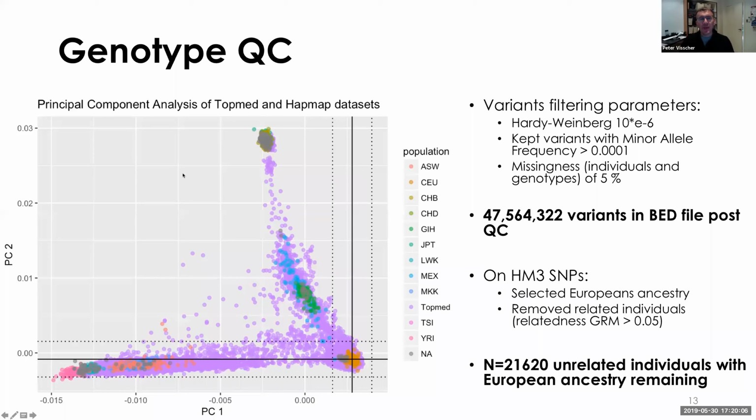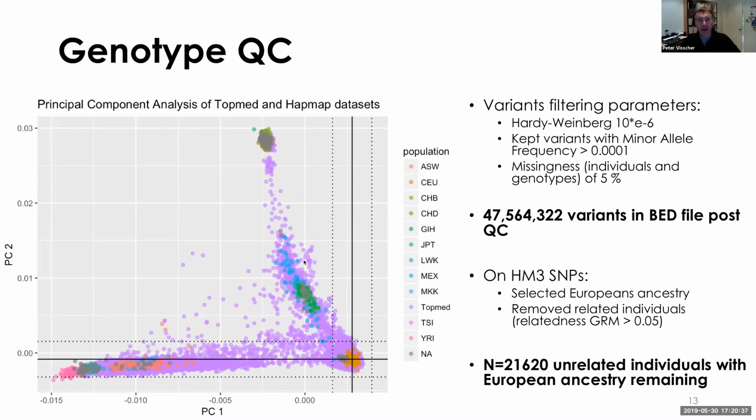And you know, we knew there were a lot of ancestral differences among the TopMed consortium study cohorts. We were particularly interested in answering just one question, which was, if we have a sample like we and others have used in the past of European ancestry, how much genetic variation can we capture using whole genome sequence data?